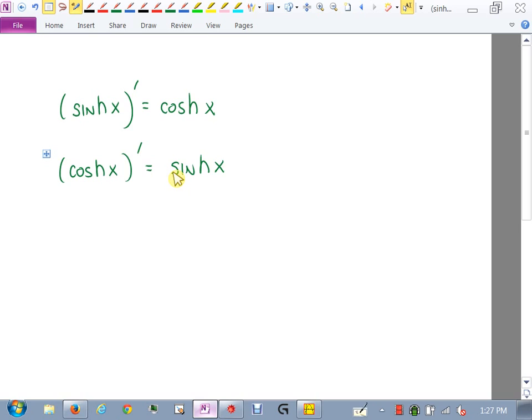The only thing I like to talk about in 3.6 is not a deep study of hyperbolic trig functions. It's more of, let's just realize that there are now these 12 new functions: sine hyperbolic, cosine hyperbolic, tangent hyperbolic, secant hyperbolic, cosecant hyperbolic, cotangent hyperbolic, and the six inverse hyperbolic functions.